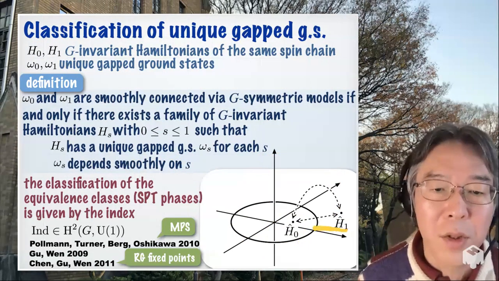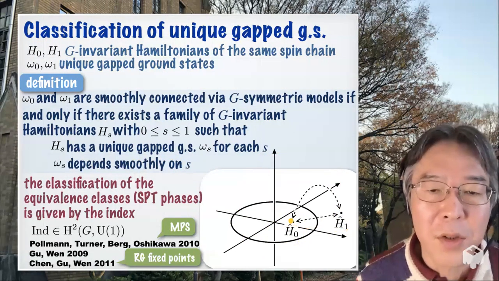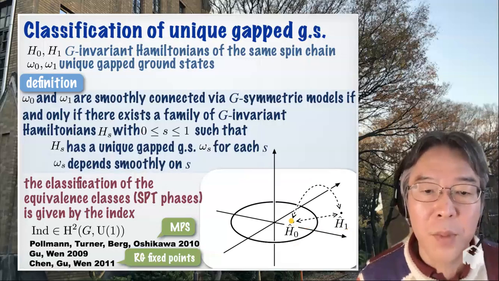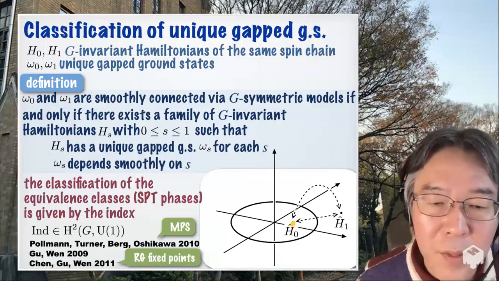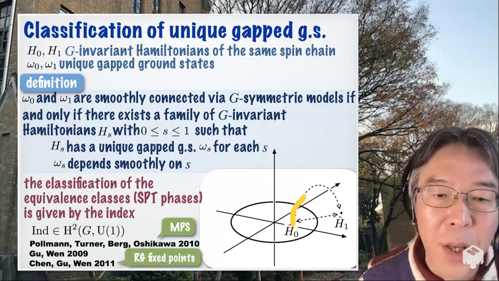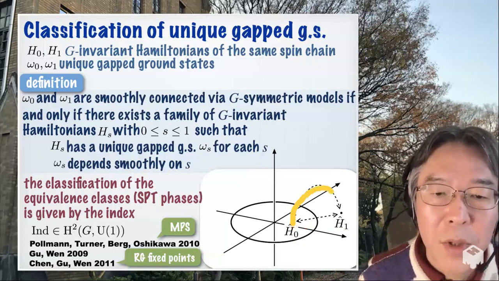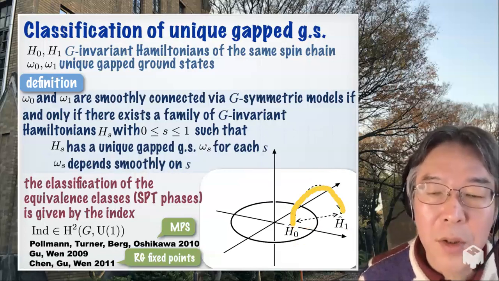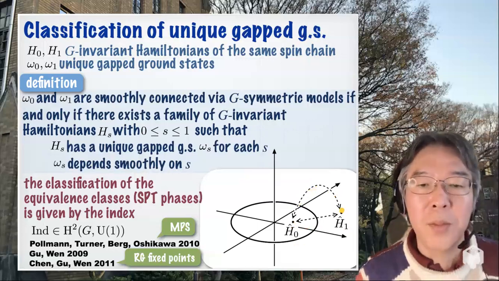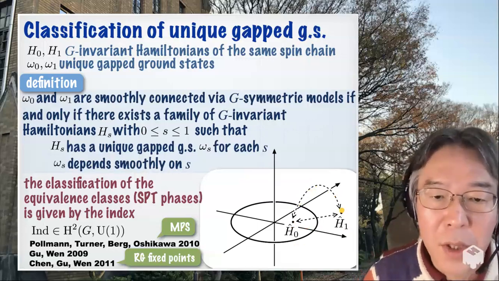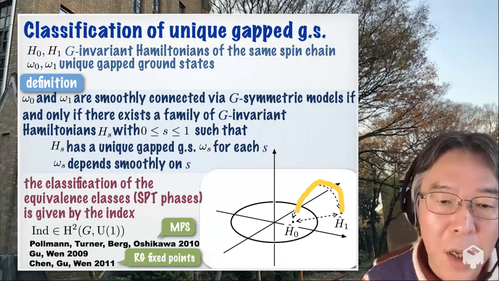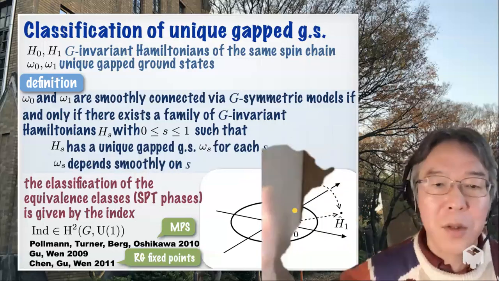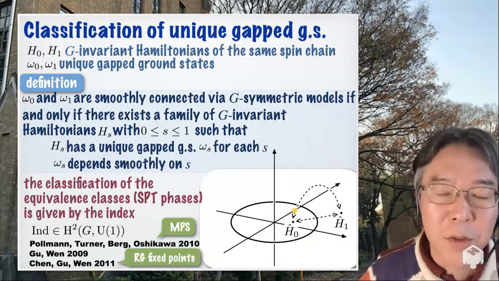According to the believed conjecture, or Ogata's theorem for MPS, you can start from here and go through a path of models with unique gapped ground state, and you can come here without passing through any gapless point or singular point. So you can connect them smoothly in this very large space of many Hamiltonians.